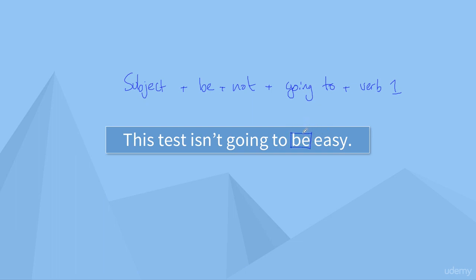So we've got be again as the verb. Then we've got going to. Be not in the contraction isn't. And the subject is this test.